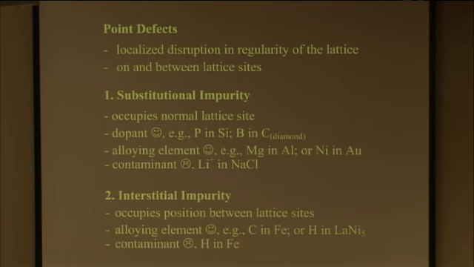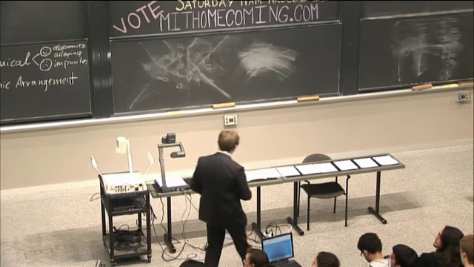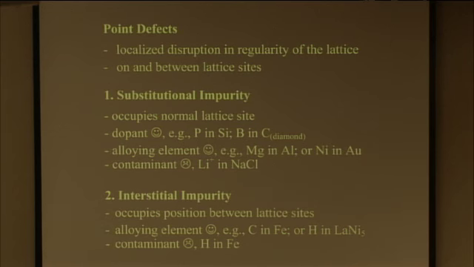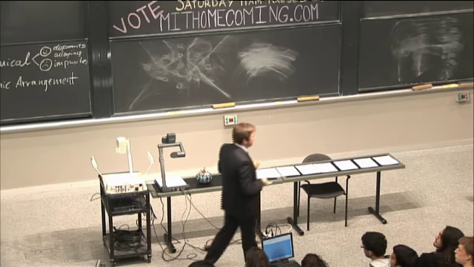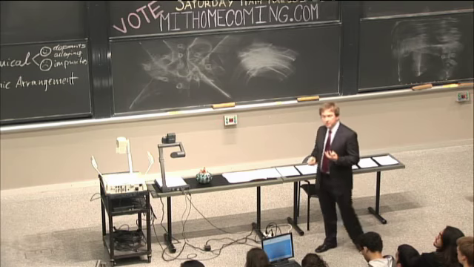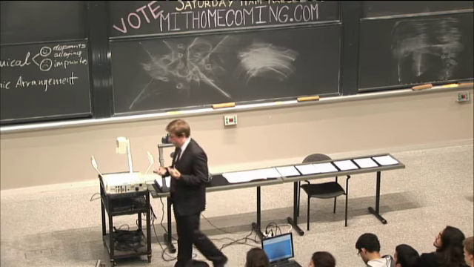Then we have alloying elements. I am not a very big fan of sodas, but if you were somebody else who is a big fan of sodas, then you might, for example, drink a lot of sodas out of aluminum cans. Those aluminum cans are really not pure aluminum, they're alloys, right? They're alloyed with other metals to give them the good properties that they need in order for the forming process to occur. So if you ask yourself, how do you actually make aluminum cans?